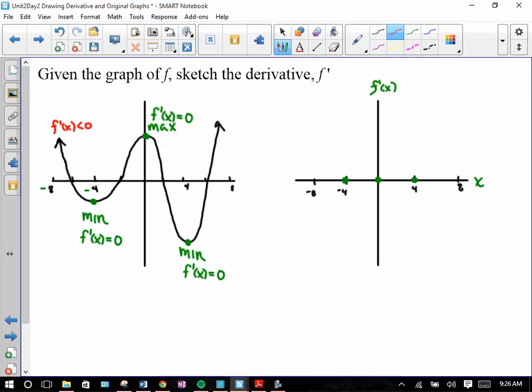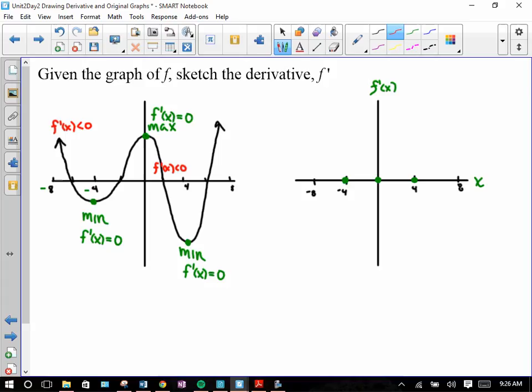Where else would the first derivative be less than 0? 0 and 4. So f prime of x is less than 0. Any other places? No. All right.